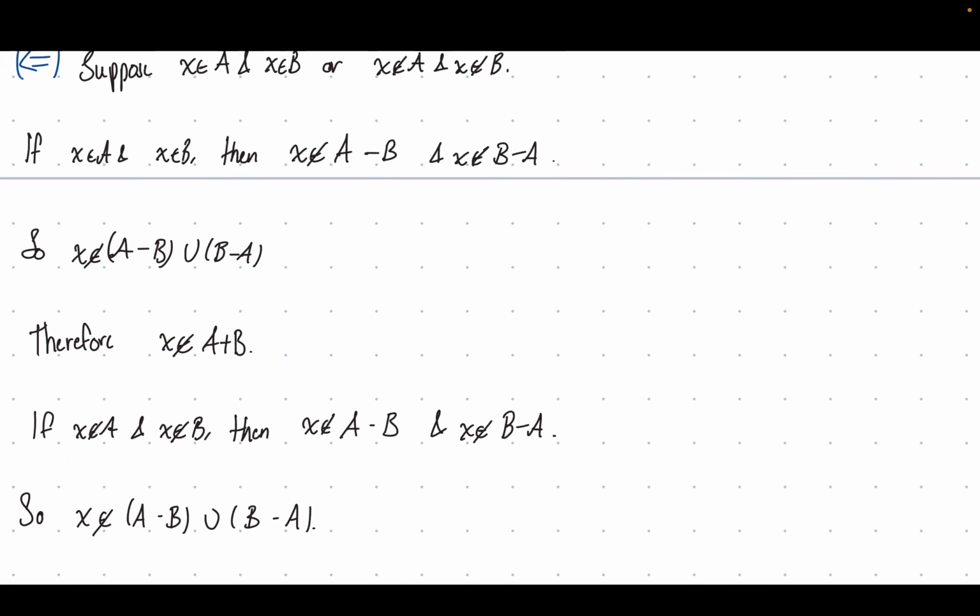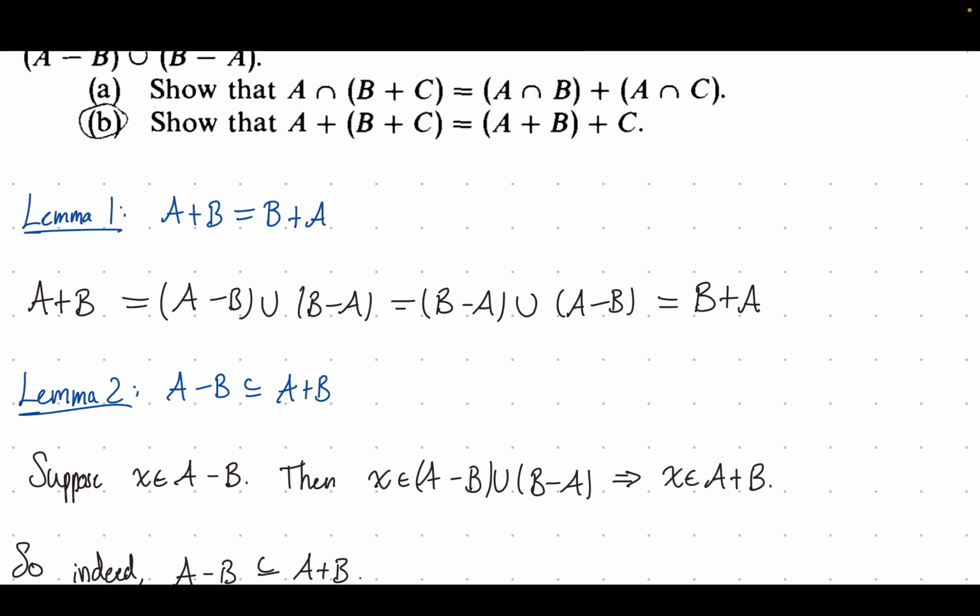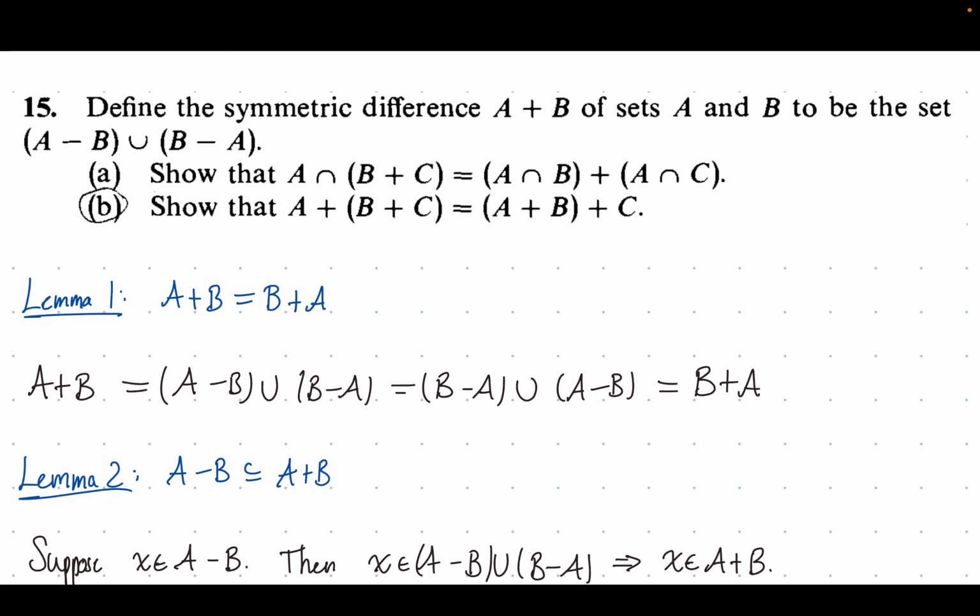But, of course, that was the easy part, and now we need to show part 2, which is A plus B plus C is equal to A plus B plus C. Just to make a remark, what Anderton is trying to show us is that the intersection distributes over addition, or rather, the symmetric difference.